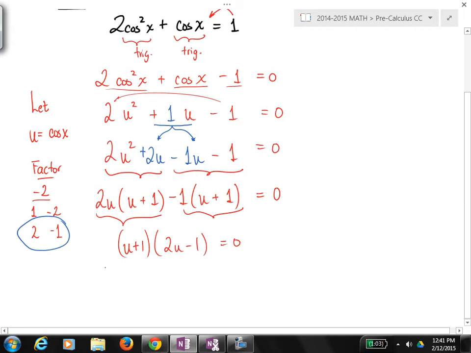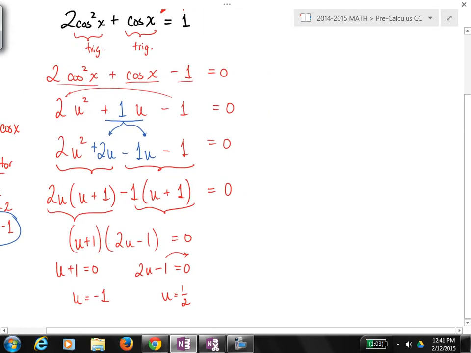And once we have this, we can set each factor equal to 0 and solve for u. So u is equal to negative 1. If I move this over, it becomes positive 1. Then divide by 2, I get 1 half. All right. Now we move on to this side. Running out of space here.